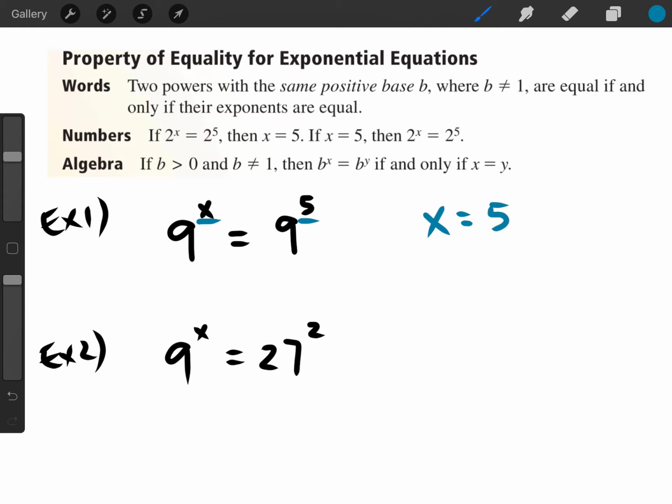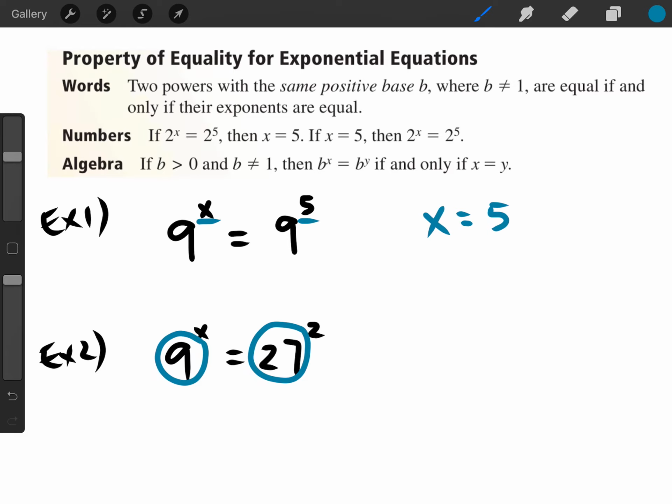Okay, so in a perfect world, you're not going to get the same base on every question. So if you look at example number 2, one has a base of 9. Another one has a base of 27. So it's your job to make them the same base.